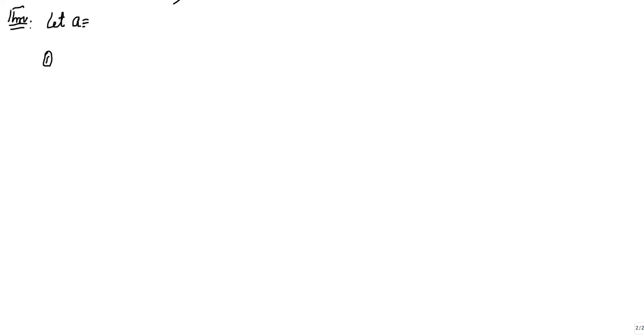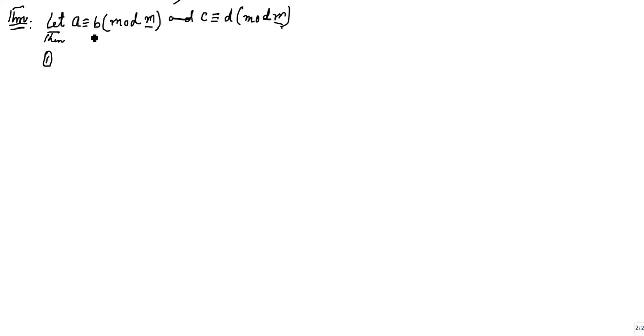Let a be congruent to b modulo m and c be congruent to d modulo m. So there are two congruences, but both are related to m. There are two results: one of them is related to the sum and the other one is the product.